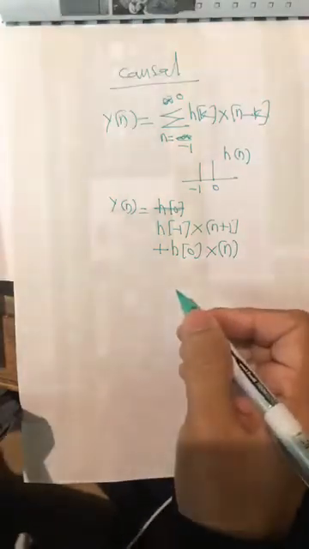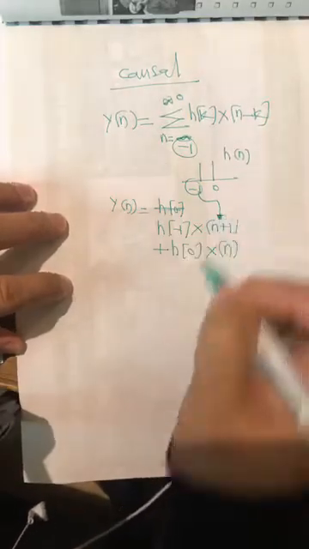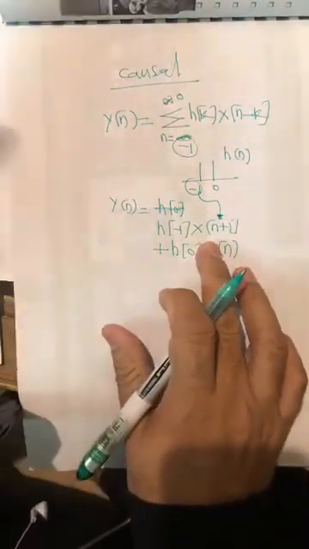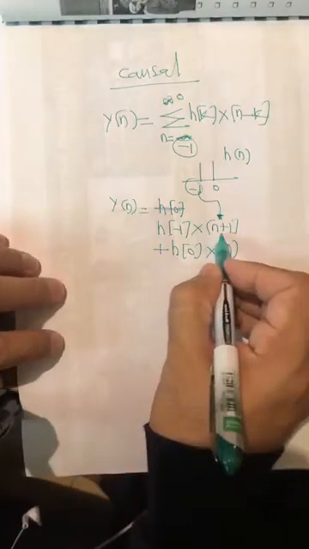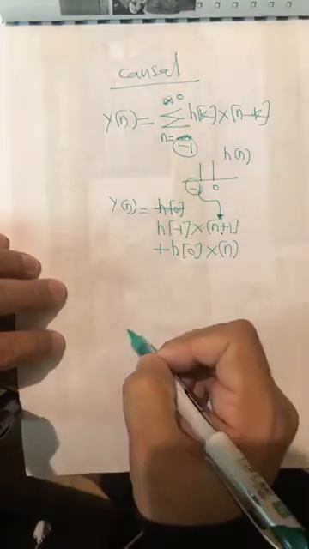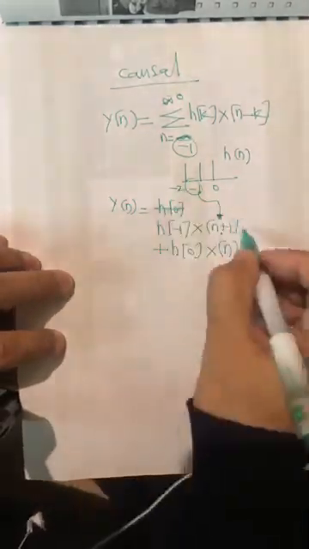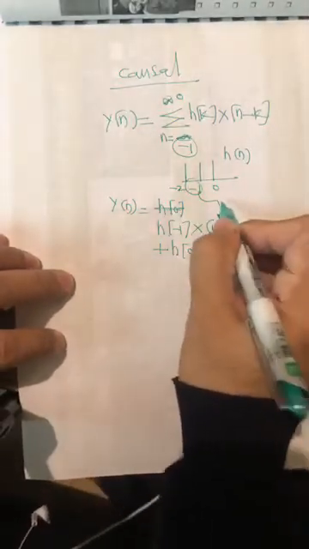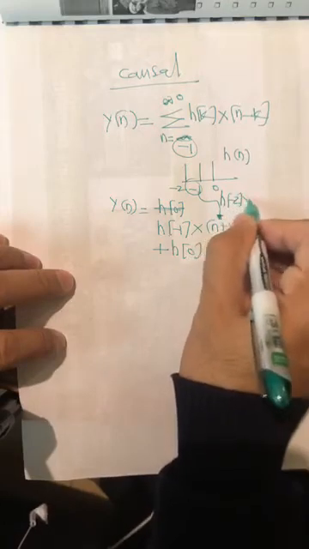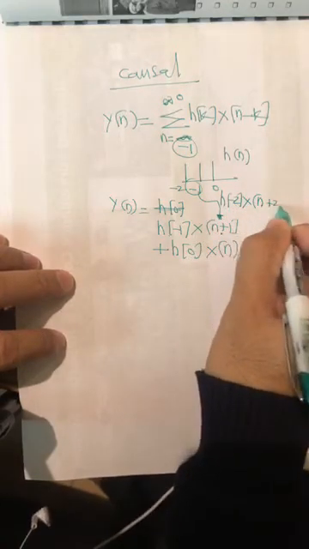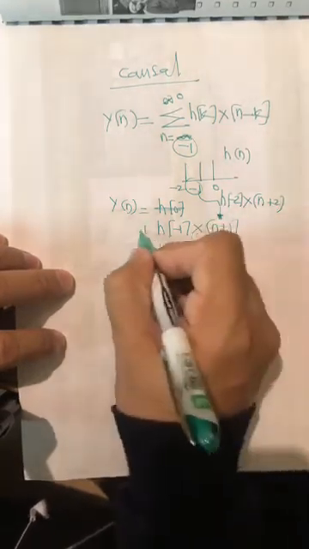So this -1 requires a future sample. The current index is n, so it requires a future sample. It's a non-causal system. If it starts at -2, then you require h of -2, x of n plus 2, another future sample.